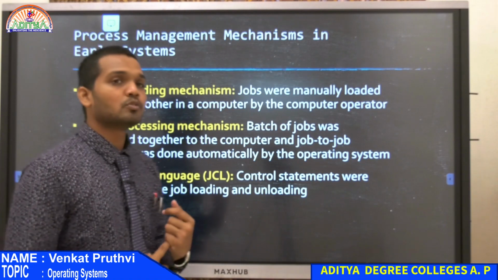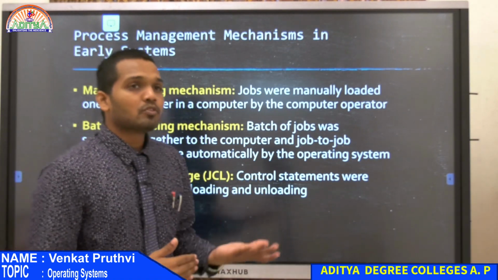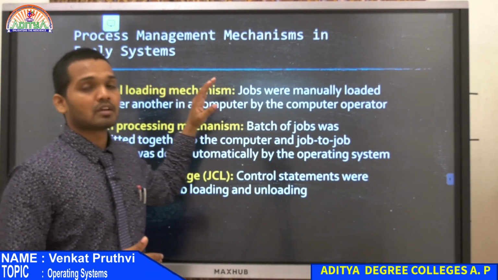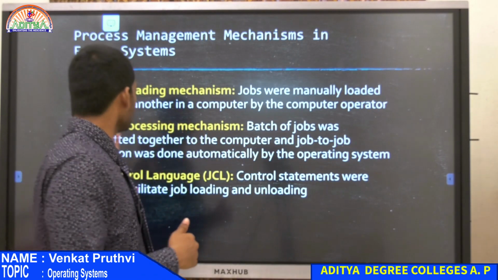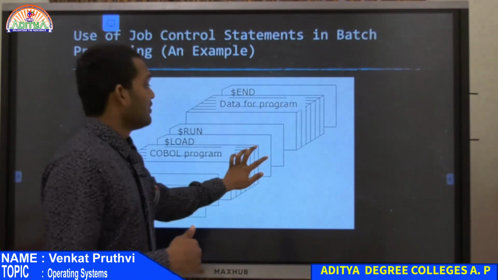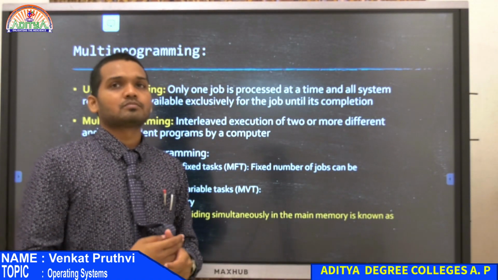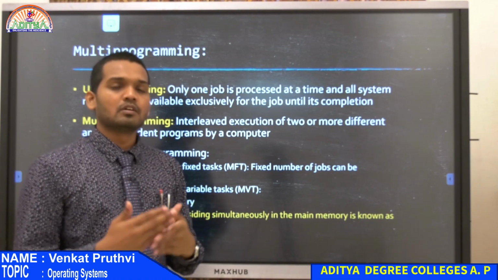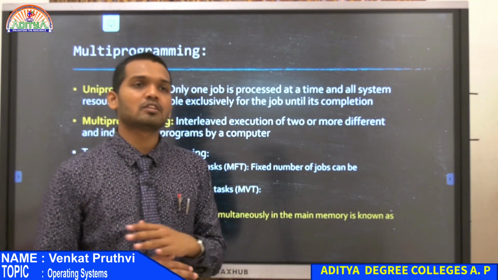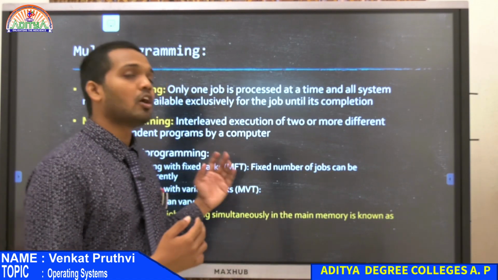Then we started to move towards transistors, and then to ICs. When we moved towards transistors, we were using manual loading mechanisms. When we moved towards ICs, we came up with batch processing mechanisms. When we started using these, we felt that instead of combining similar tasks into batches, why not find something which automates itself.